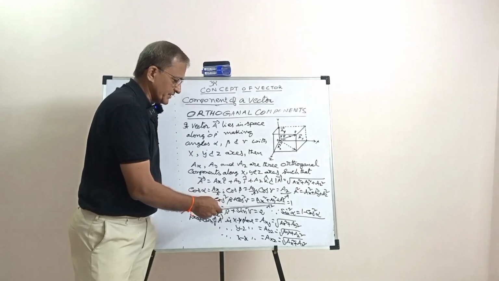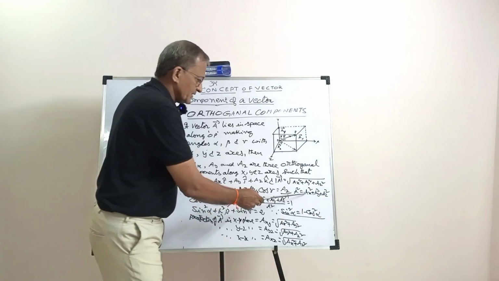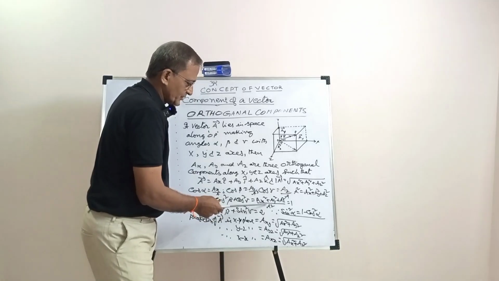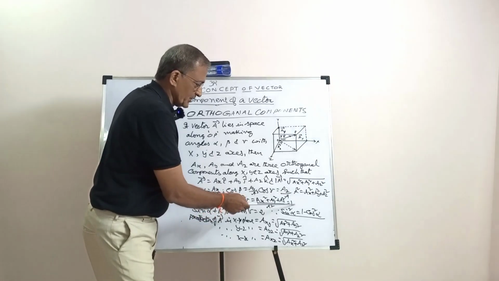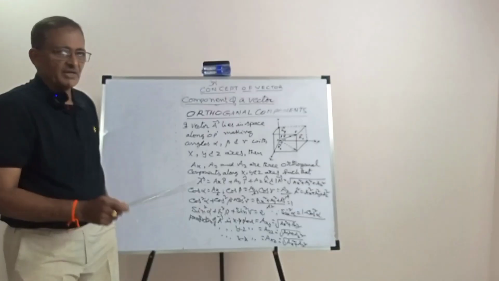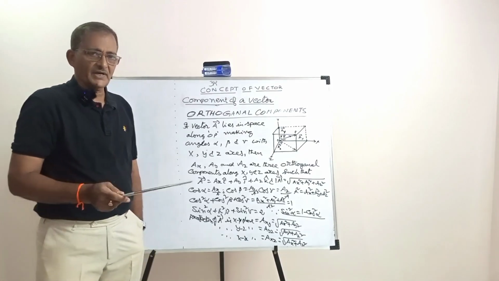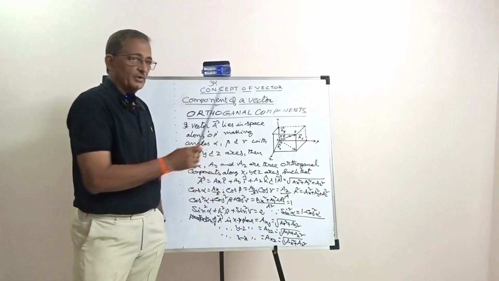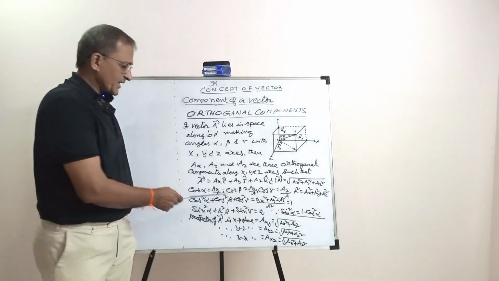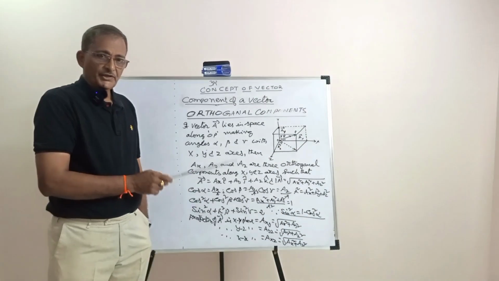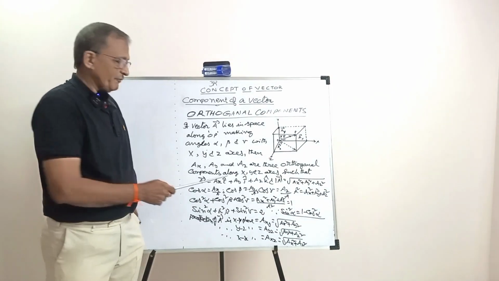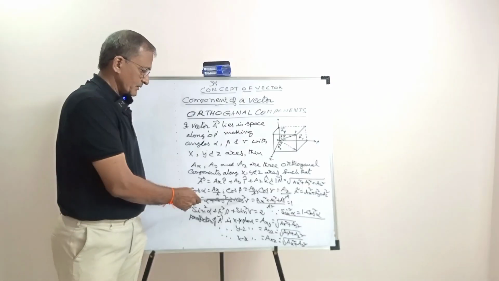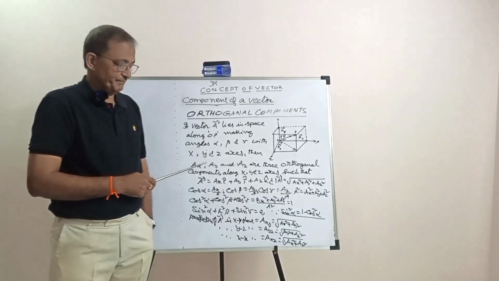By summing all these, you get Ax square plus Ay square plus Az square by again Ax square plus Ay square plus Az square, which is equal to 1. So the relation between the direction cosines is cos square alpha plus cos square beta plus cos square gamma is equal to 1. The advantage of this formula is that if you know two angles, you can find the third angle. This is a useful relation in determining the angles.